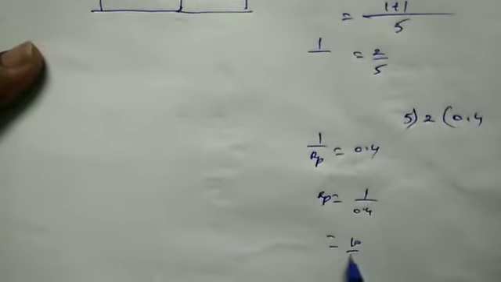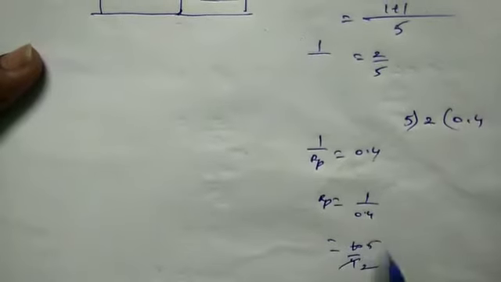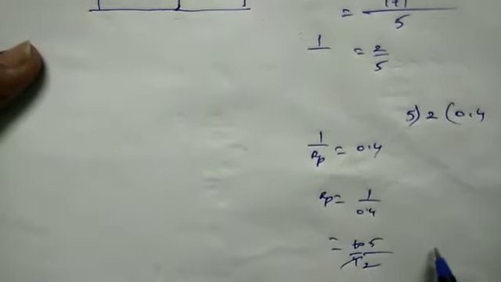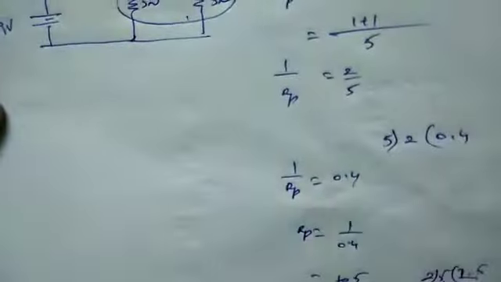That means 10 by 4. 2 ones, 2 twos, 5 by 2. 5 by 2 means what? 2 fives are... 2 ones are 2, 2 twos are 4, so 1 remaining, 2.5. That means Rp is equal to 2.5.